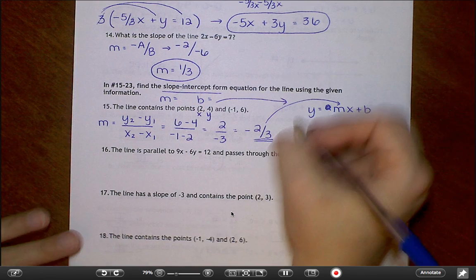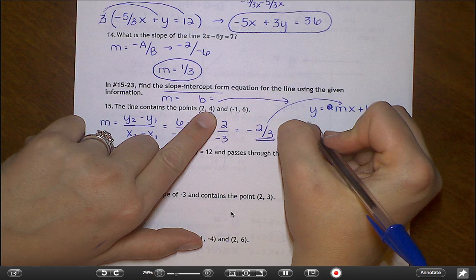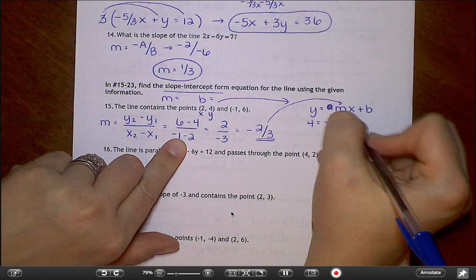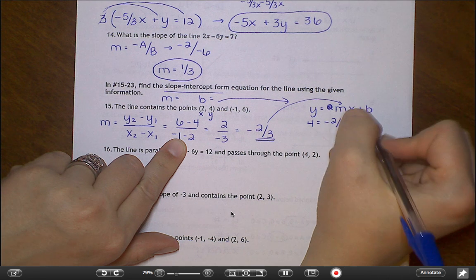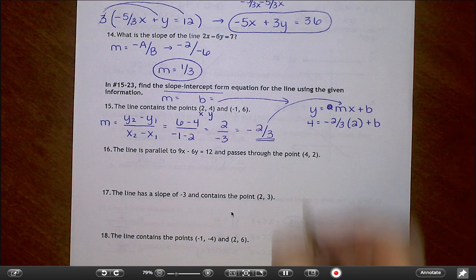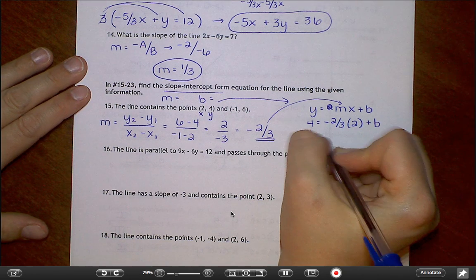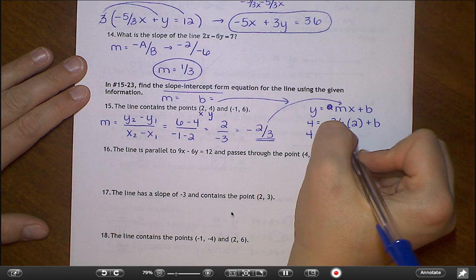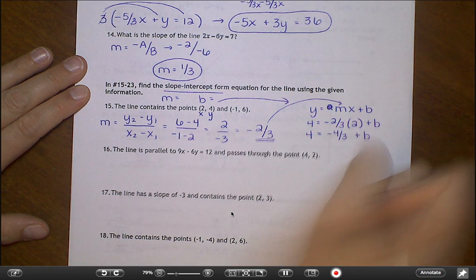Okay, so it's going to look like this. 4 equals negative 2/3 times 2 plus b. Once again, I wish we had given you nicer numbers to work with here, but take what we can get. That's going to be negative 4/3 plus b.